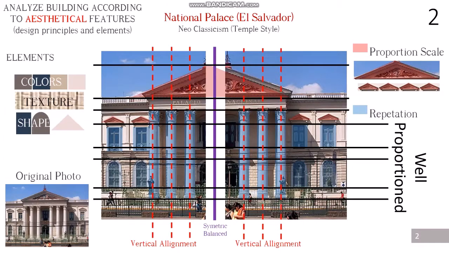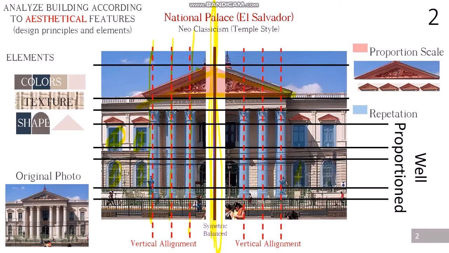And these are the aesthetical features. We can see the vertical alignment of the columns, and also the same symmetry and balance can be seen. The symmetry and balance is in all buildings of this style, along with the repetitions of the windows, and the proportion and scale.